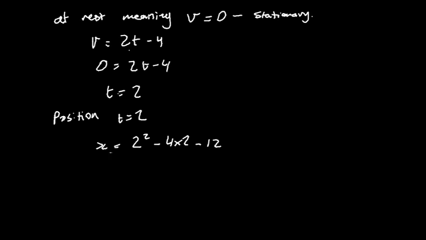Take 2. So t equals 2. We get 4 take 8 take 12. So x is actually minus 16. So the particle is momentarily at rest after 2 seconds at the position 16 meters to the left of the origin.